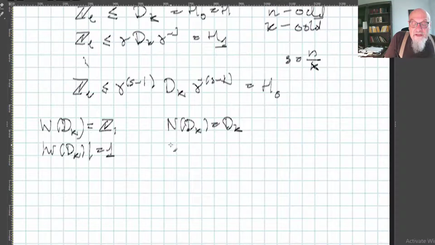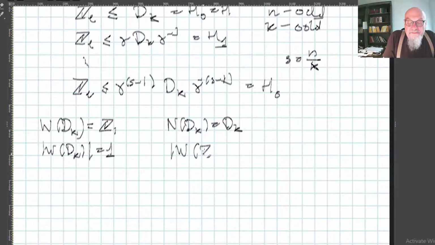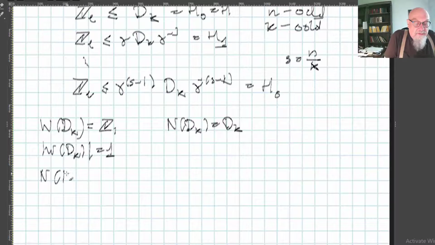On the other hand, if you take the Weil group of Zn or Zk, then you can see that actually this is a normal subgroup. Maybe like this, write it down. The normalizer of Zk is actually equal to Dn.